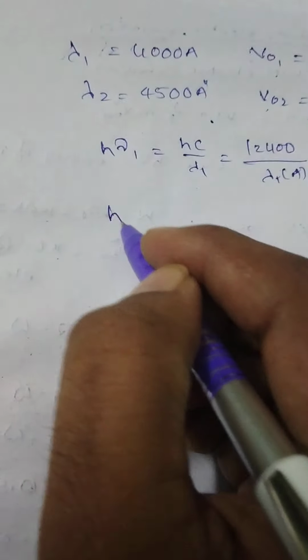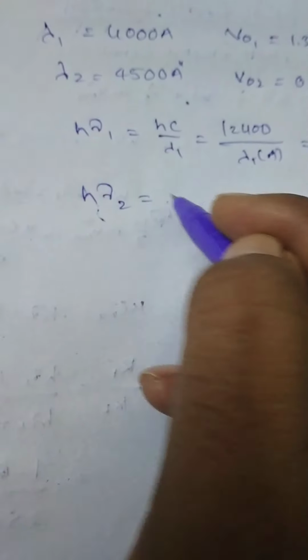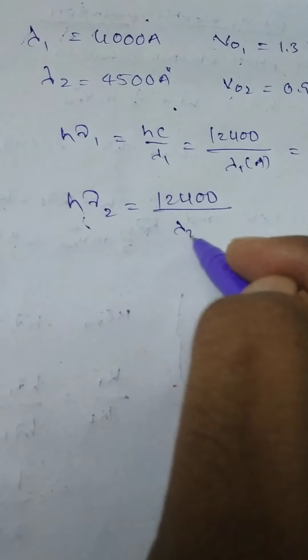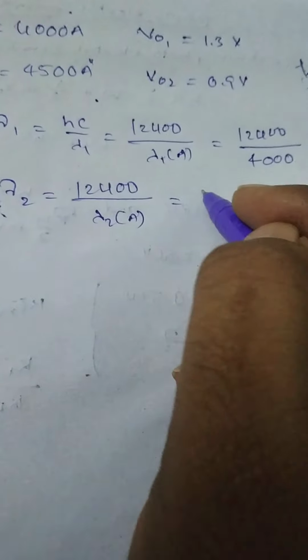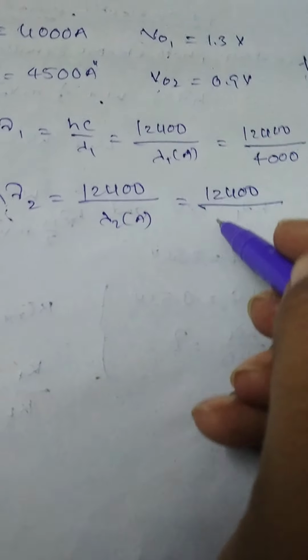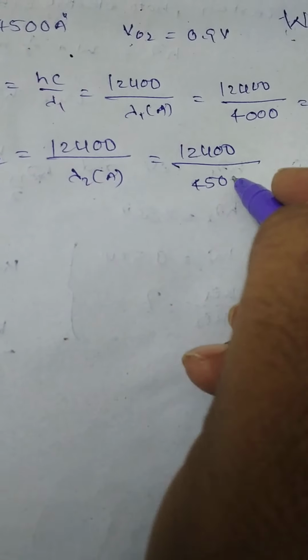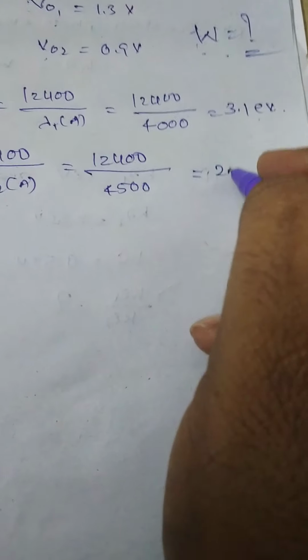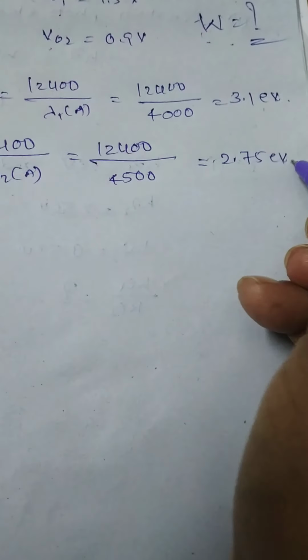Similarly, energy of the second photon h nu 2 is equal to 12,400 by lambda 2 in angstrom units. That is equal to 12,400 by lambda 2 is 4,500 angstrom units. And it is nearly 2.75 electron volts on solving it.